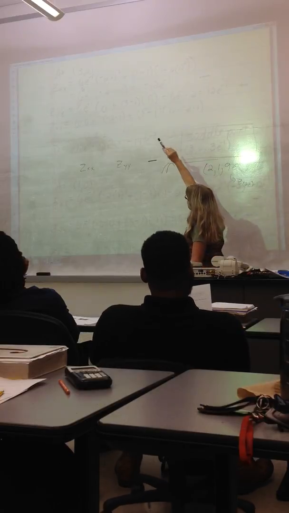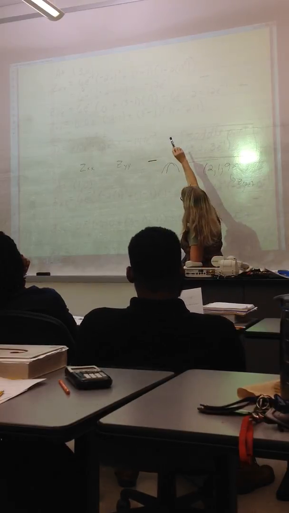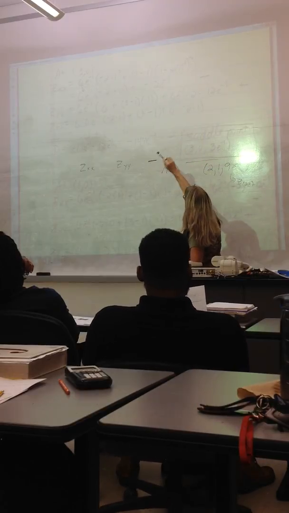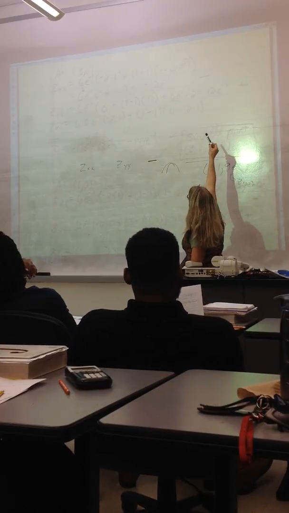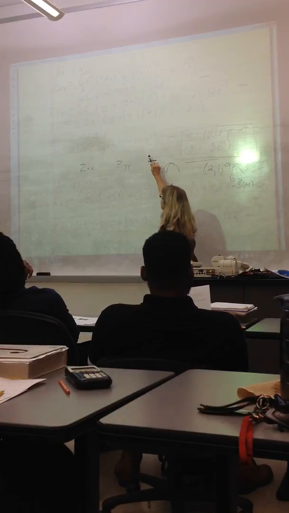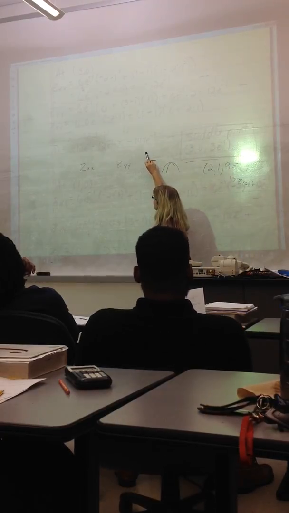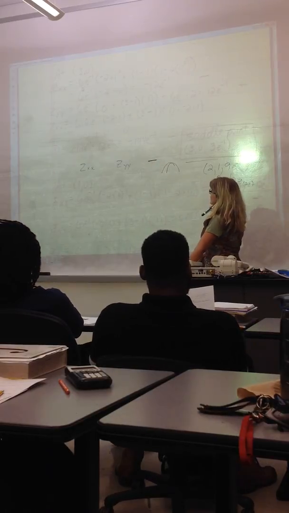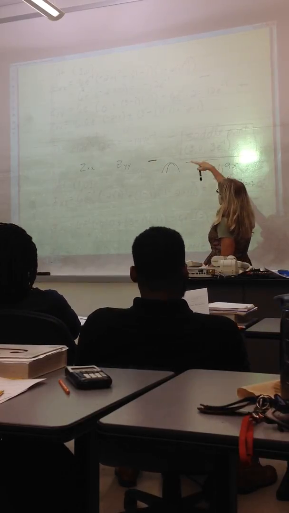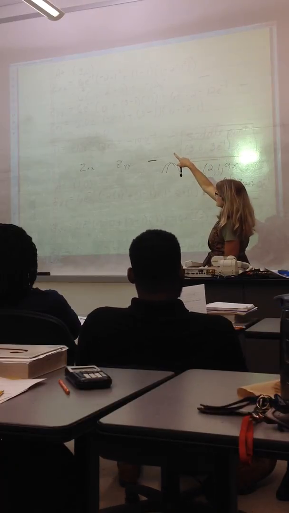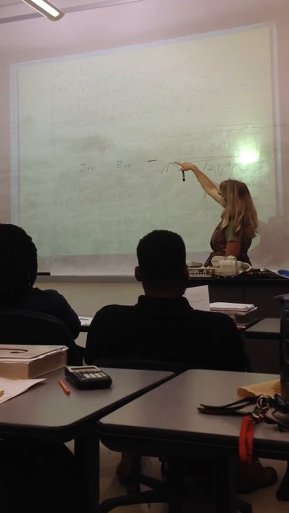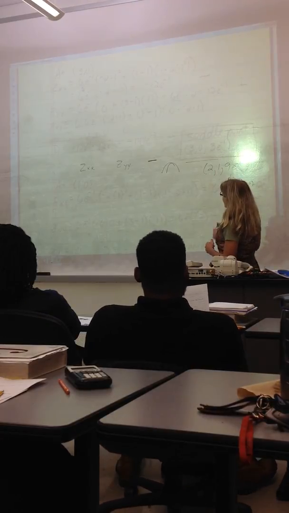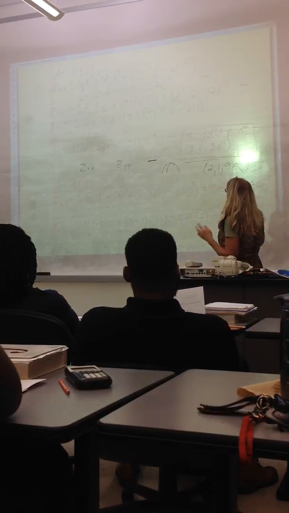Notice with this one, the z double x ends up being -12 e to the -1, and the z double y ends up being positive. So without even calculating d, I mean, I did so just because I was trying to go through the technical process, but without even calculating d, because the second derivative with respect to x was negative and the second derivative with respect to y was positive, I already know I have a saddle point.